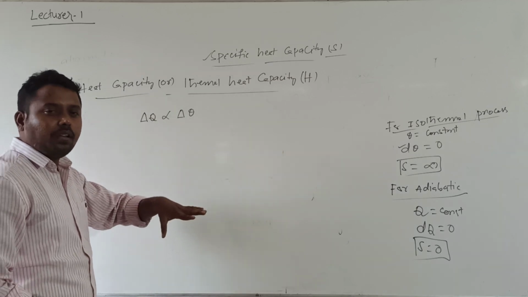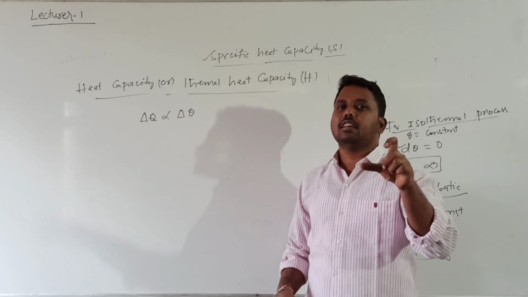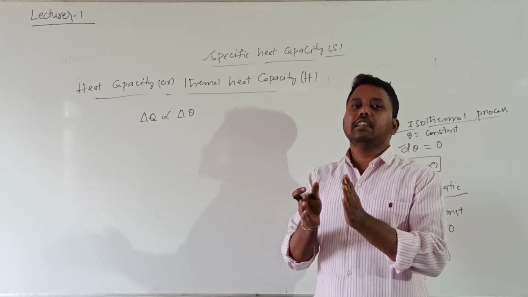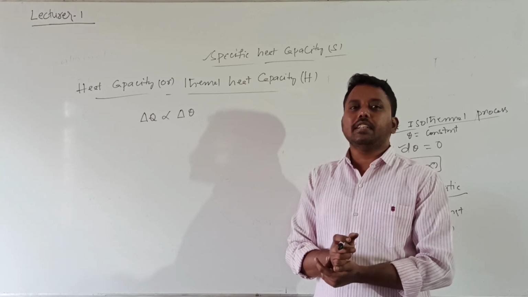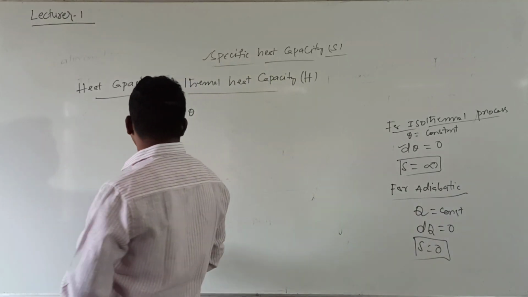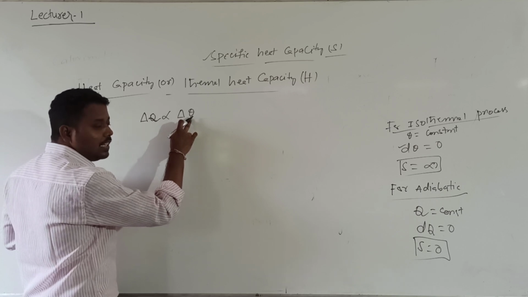If I want to raise more temperature, more heat is needed to supply. Otherwise less. Because every time we cannot measure the mass, every time we cannot take mass of one unit. If mass is unknown, then the heat supply is directly proportional to rise of temperature. Symbols carefully: here Q is heat, theta is the temperature.